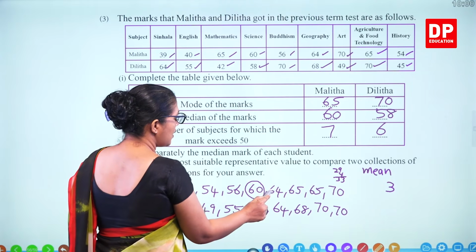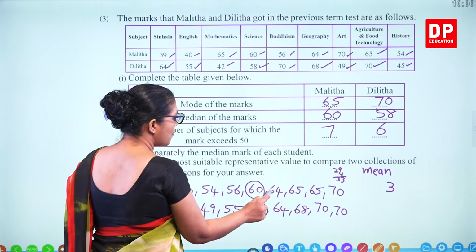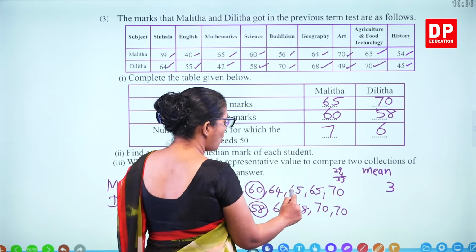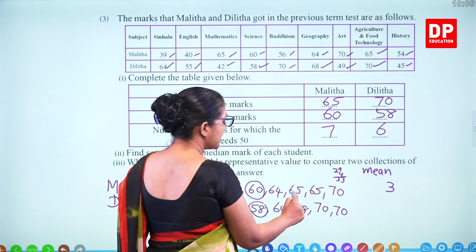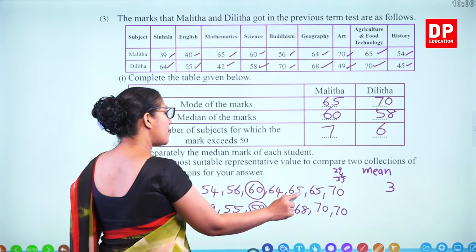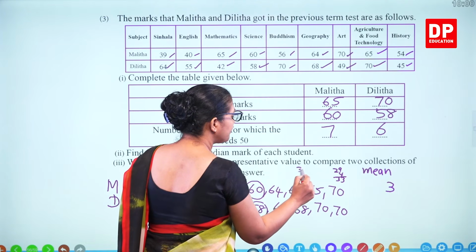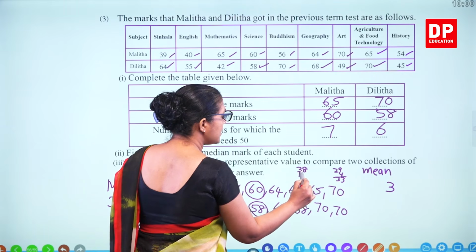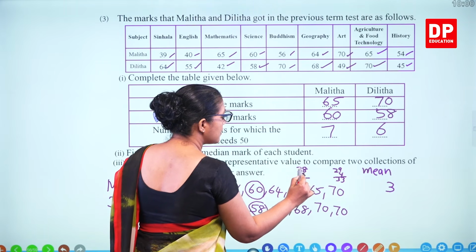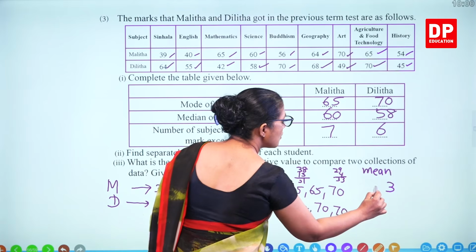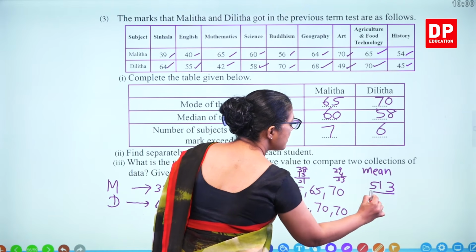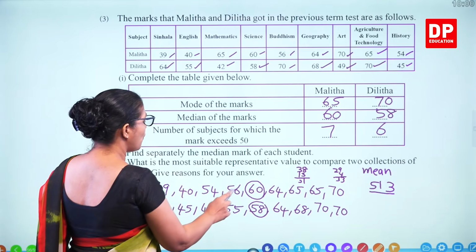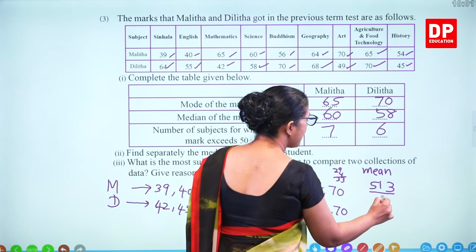Then 26 plus 6, 32. 32 plus 6, 38. 38 plus 6, or you can say 6 plus 7, 13. 513 divided by how many subjects? 1, 2, 3, 4, 5, 6, 7, 8, 9.